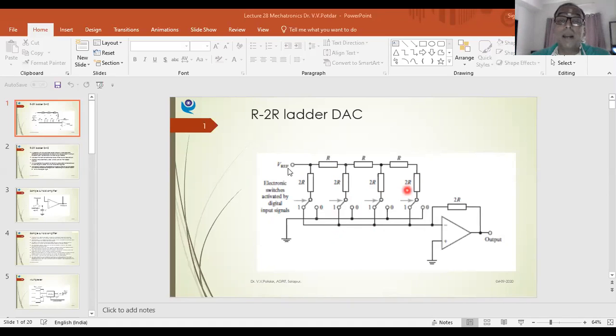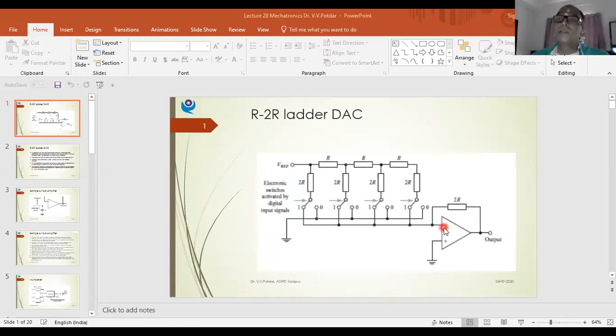And I am providing the reference voltage. Just be a bit attentive. Whatever reference voltage I am selecting, I can decide based on the range of digital to analog conversion, because depending on the resistance you have selected, this resistance will affect the input given to my op-amp.